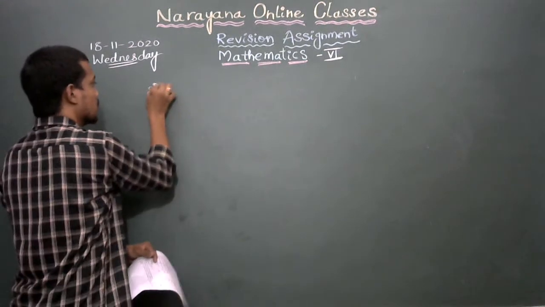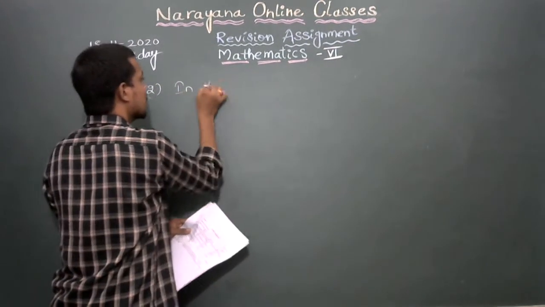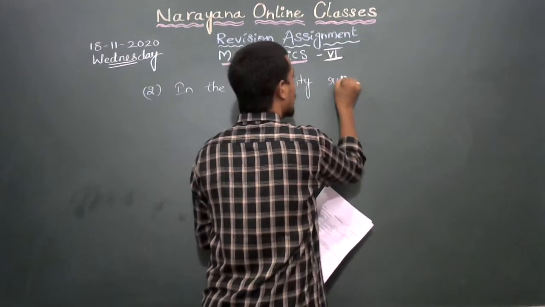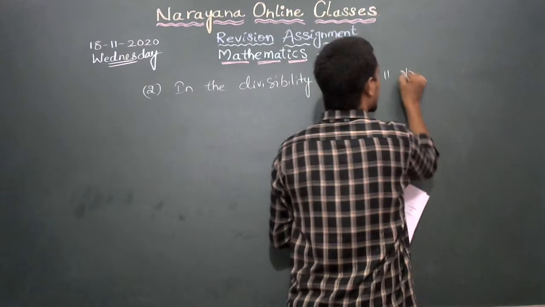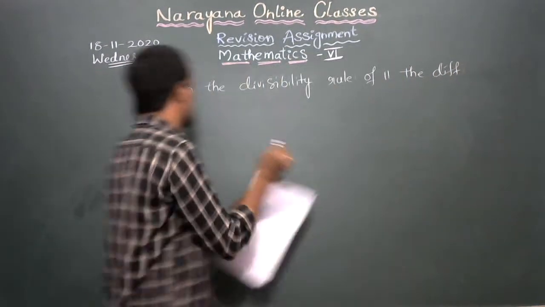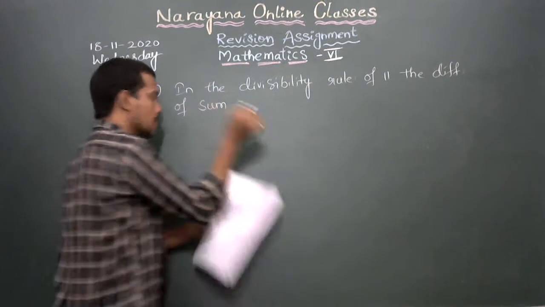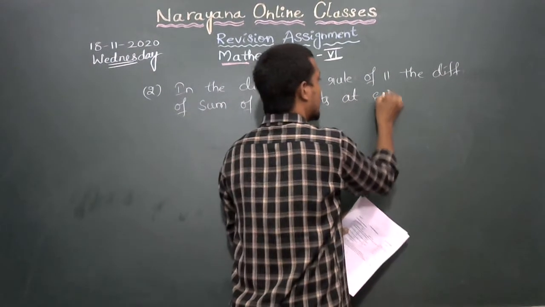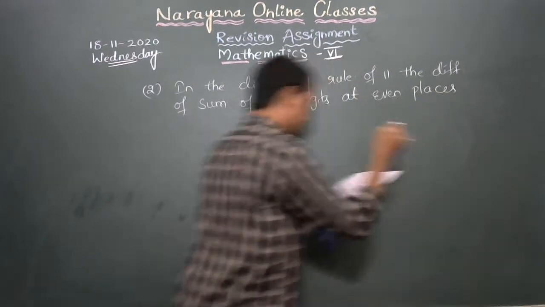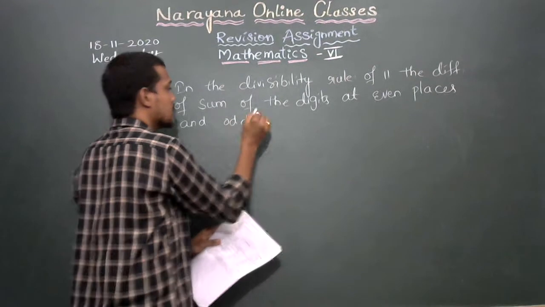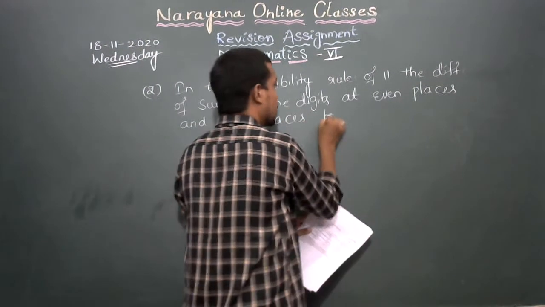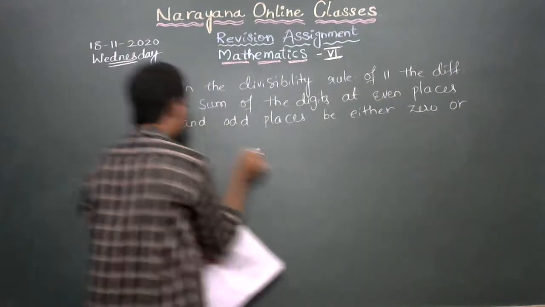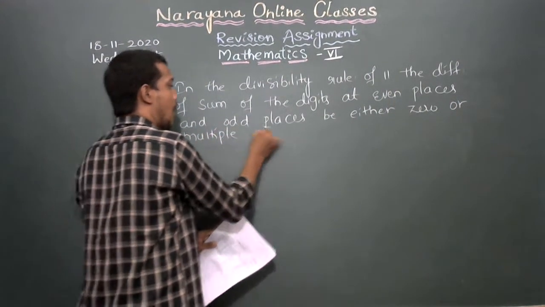Now second question. In the divisibility rule of 11, the difference of the sum of the digits at even places and odd places should be either 0 or a multiple of what?